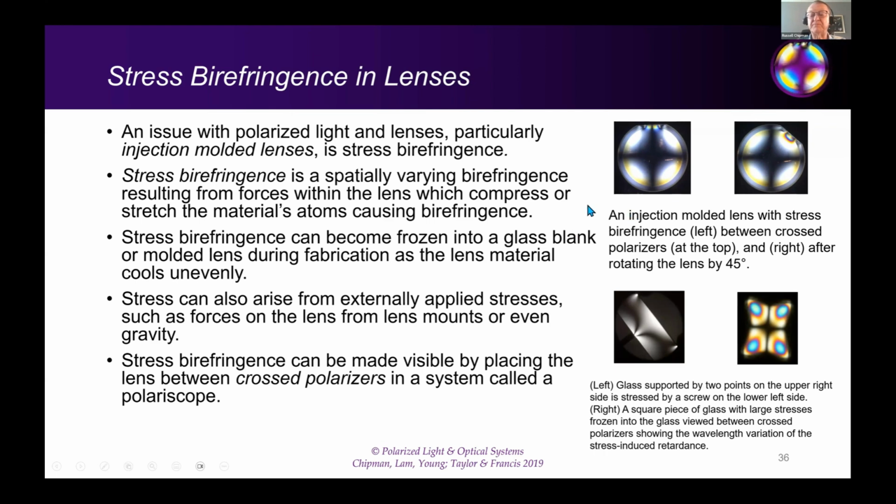So in injection molding, we use finite element programs to simulate the injection molding process.